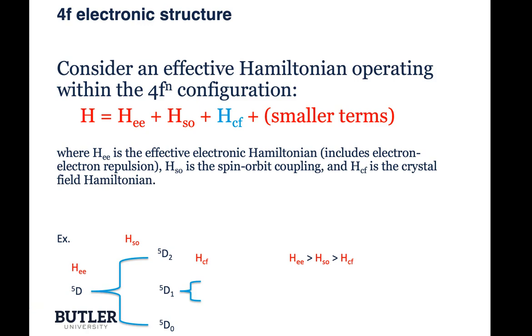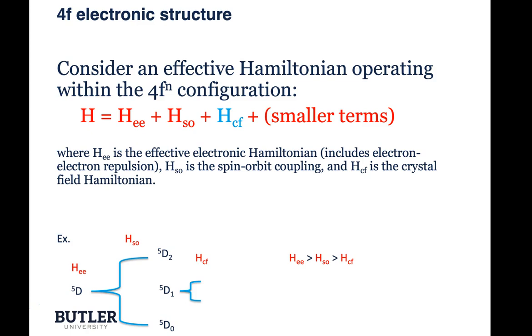So the structure that the lanthanide ion is in leads to subtle differences in the energies, but in general, the 5D0, the 5D1, and the 5D2 are located based on the effective Hamiltonian of the 4f electrons of the lanthanide, not the interaction with the ligands, because remember, they don't participate in covalent bonding.